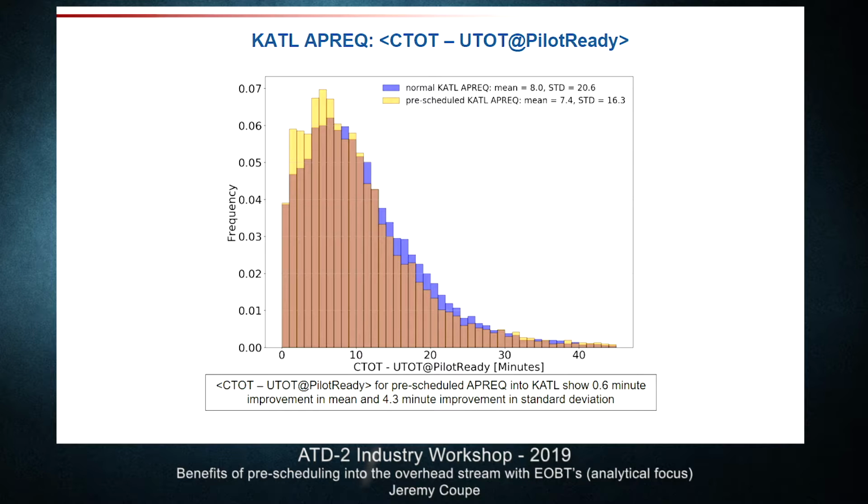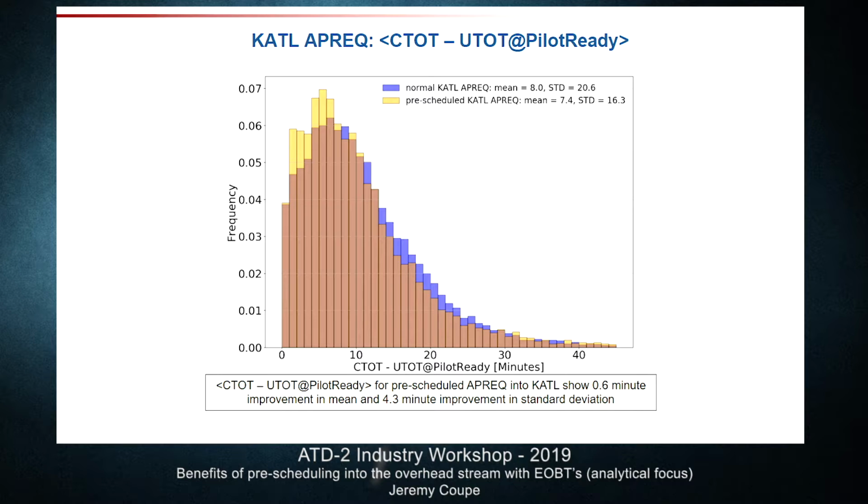So again, keep in mind the metric we're looking at, controlled takeoff time minus unimpeded takeoff time, comparing before and after. What we see is that before pre-scheduling, we essentially had an average total delay of 8 minutes with a standard deviation of 20.6 minutes. After pre-scheduling, that delay dropped from 8 minutes down to 7.4 minutes.